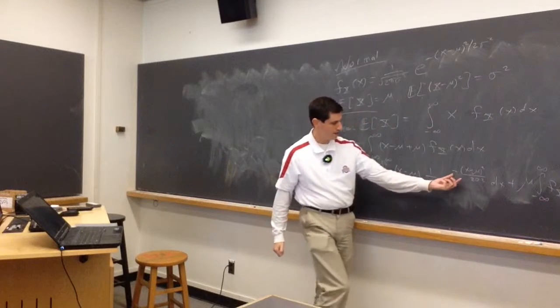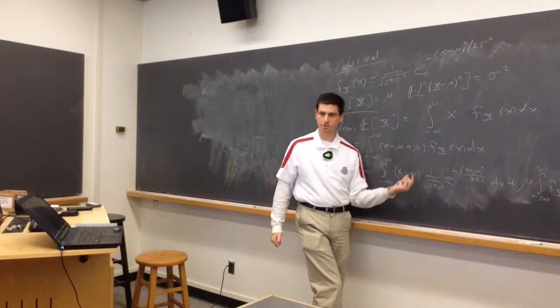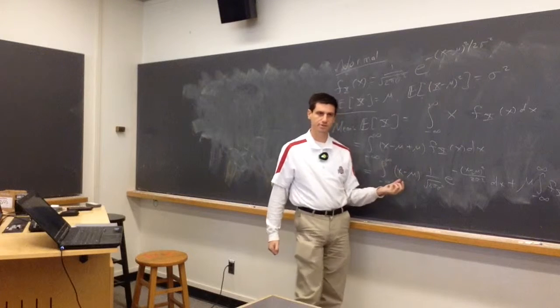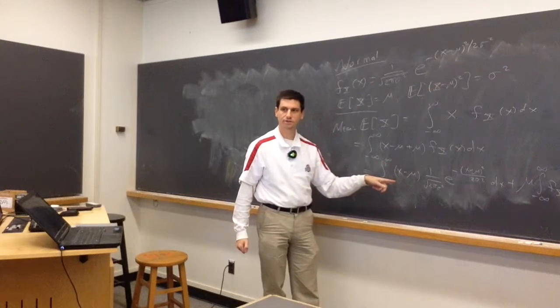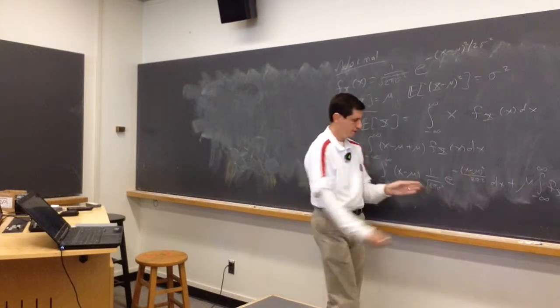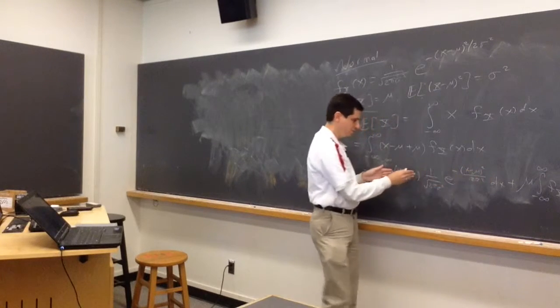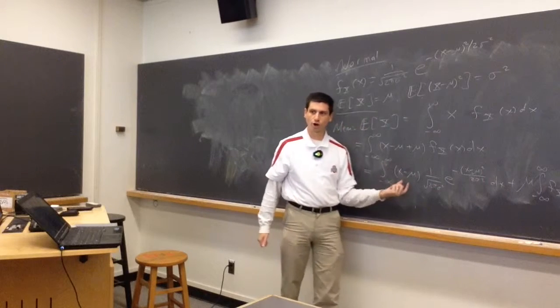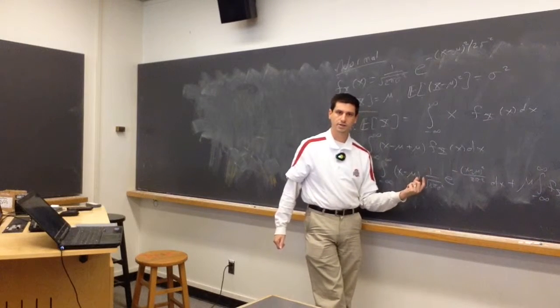If we look at this part, this is a symmetric interval. It's symmetric about what point? About mu. And this is an even function here, an odd function here. So odd times even is odd.